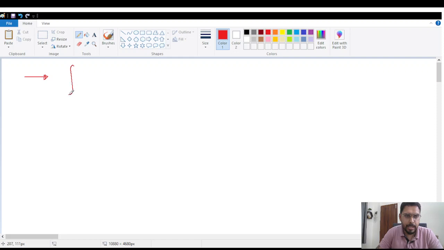So it's the integration of dx over (x plus 1) times (x plus 2). This is the question that is given to us. Now, how do we solve this one? First of all, we need to write it in terms of partial fractions.